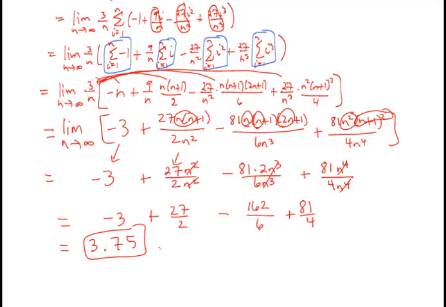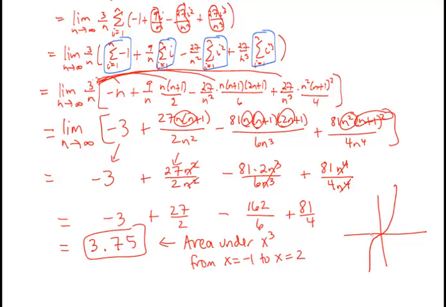So let's remember what this number that we just figured out represents. This 3 3/4 represents the area under our curve, which was x cubed, from x equals -1 up to x equals 2. And if you visualize this on a graph, x cubed looks kind of like this, -1 would be about here, and +2 would be over here.